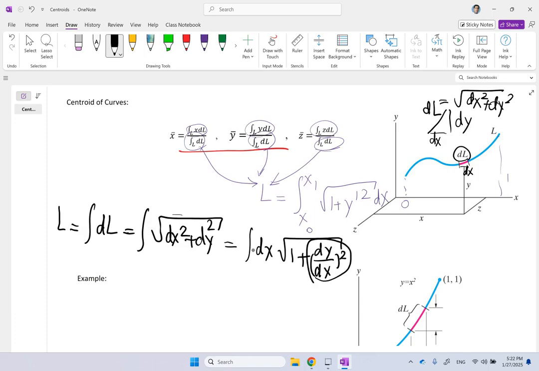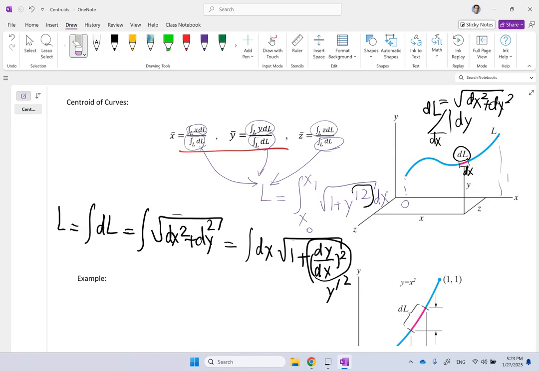And guess what that one is? That is y prime. This one is y prime squared. So it's going to be the square root of 1 plus y prime squared dx. This is the length of a curve for a 2D curve. That's the formula for it that I just wrote for you.